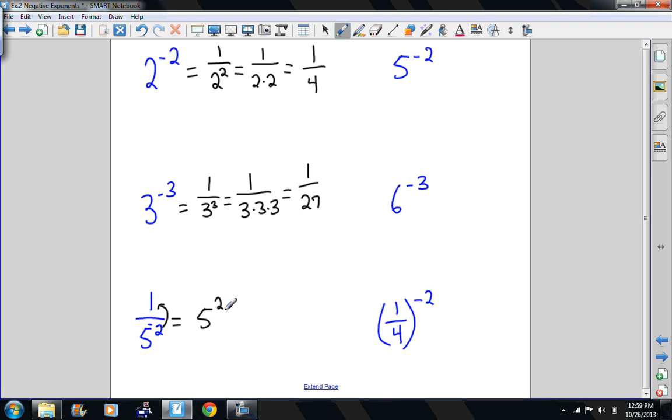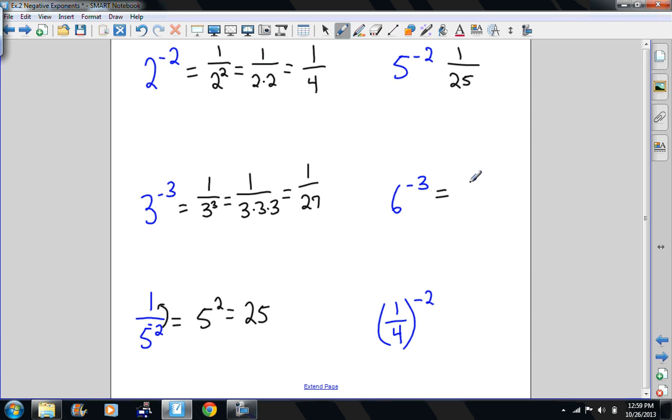So you get 5 squared is equal to 25. But if we had just regular 5 to the negative 2, that would be 1 over 25. Okay? A negative exponent in the numerator would go to the denominator. A negative exponent in the denominator would go back.